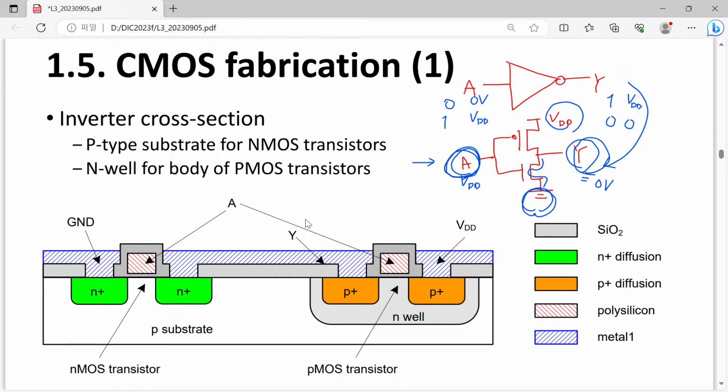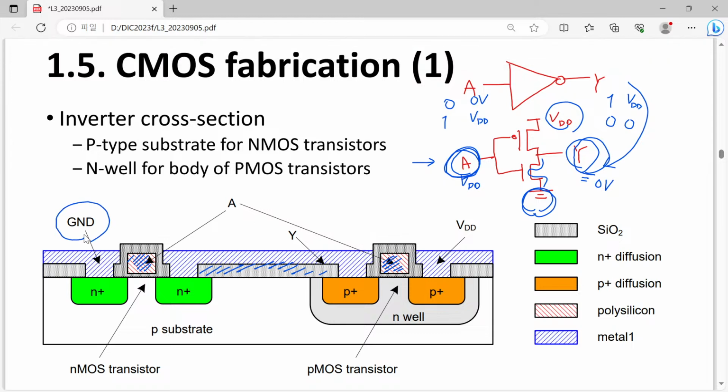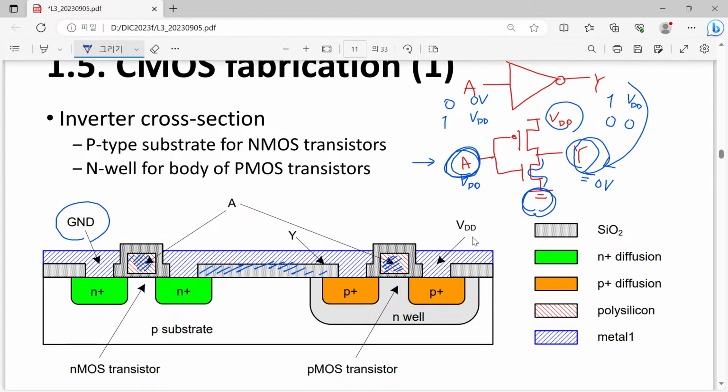Where can you find them? So here you can find A. This is input. Y, this is output. And where can you find the ground? Okay, you can find ground here. Where can you find the VDD? Yes, you can find the VDD here.